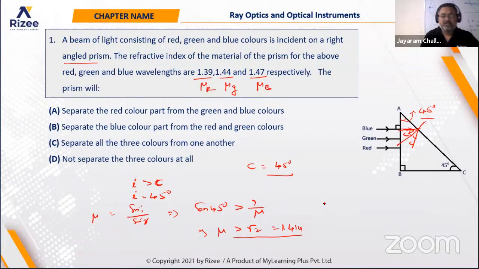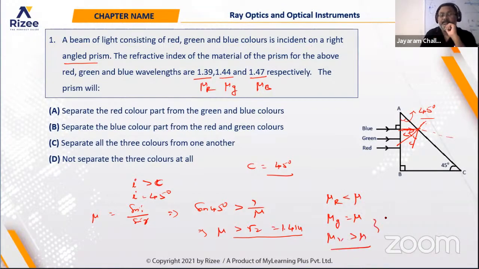So now in this situation, when we compare, the refractive index of the red is less than the refractive index of the prism. So that means the red will pass through here. The refractive index of the green is equal to the refractive index of the prism. The refractive index of the violet is greater than the refractive index of the prism.